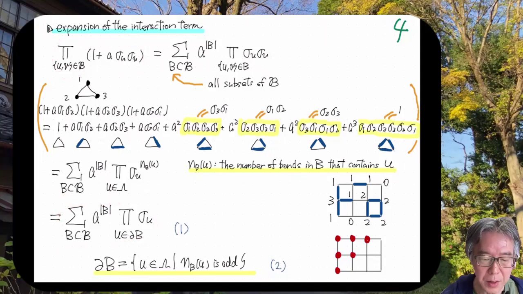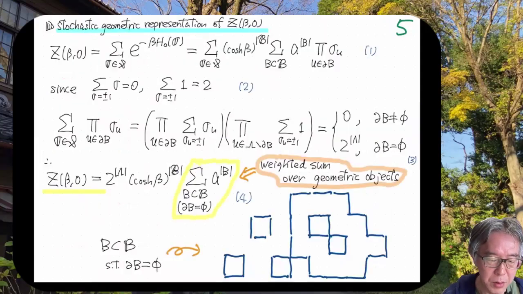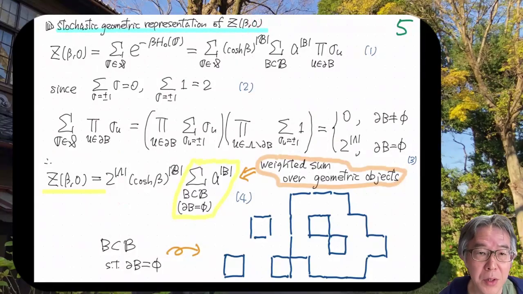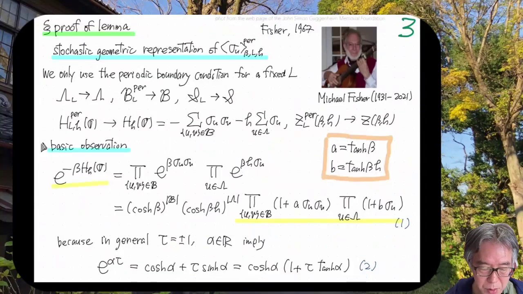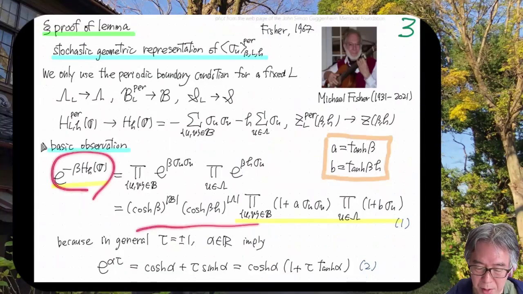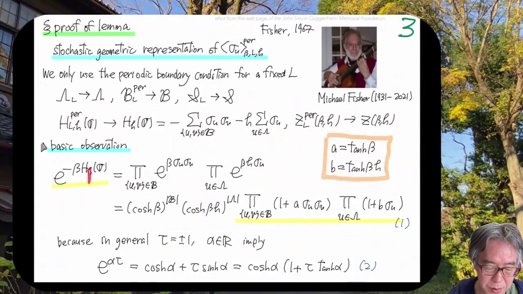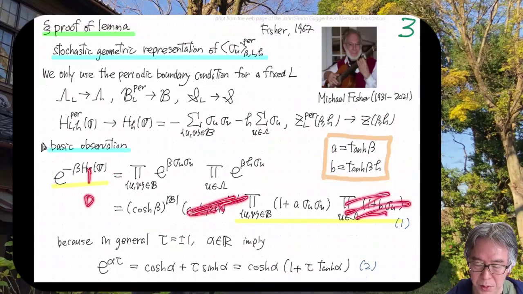Then we will derive a stochastic geometric representation for the partition function with 0 magnetic field. Now here is Z, and this is the definition. The magnetic field is 0, and then let me go back. This is the standard expression, but when the magnetic field is 0, you don't have to consider this.